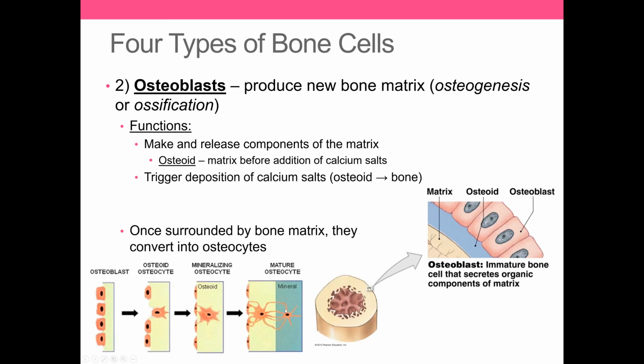So osteoblasts will turn into osteocytes as they are building new bone. Think of it as kind of like a painter that paints himself into a corner and then he's stuck there. So the osteoblasts are making new bone, and as they surround themselves with new bone, they get stuck in the new bone, and then they become osteocytes, and now their job is just to maintain that area of the bone.